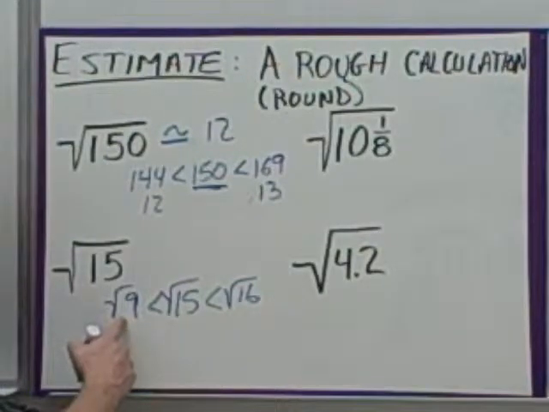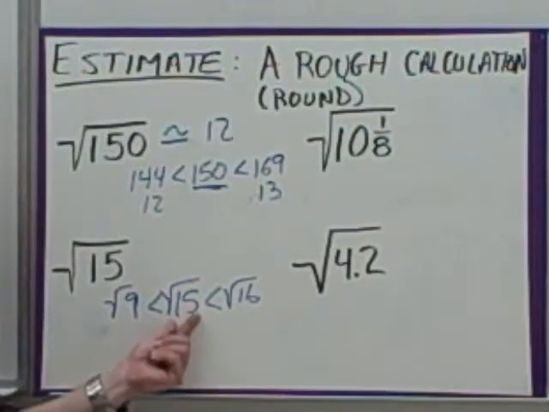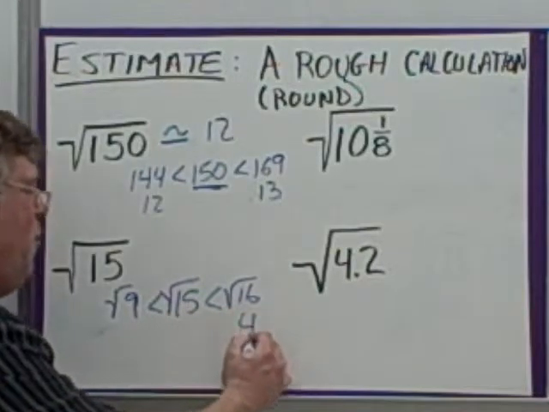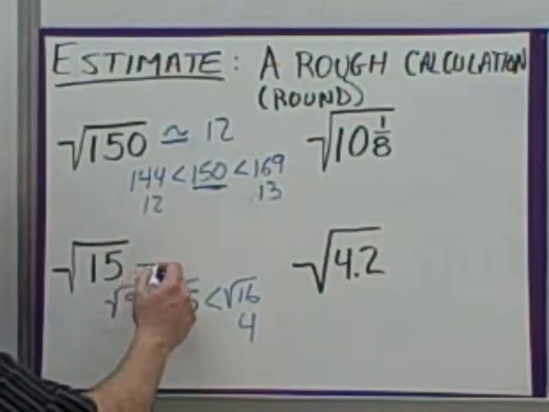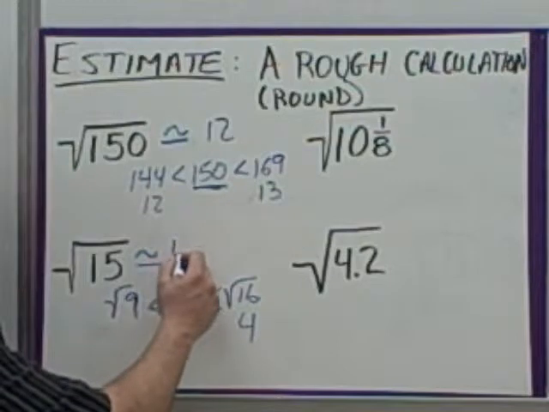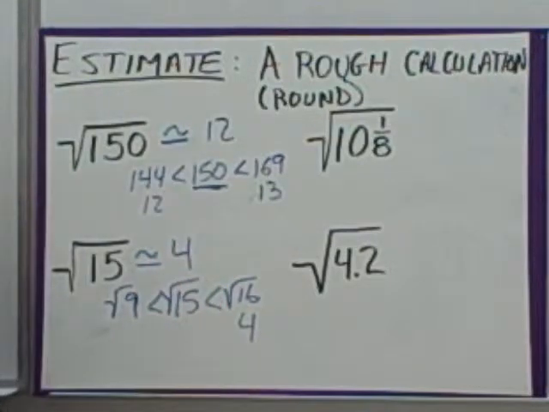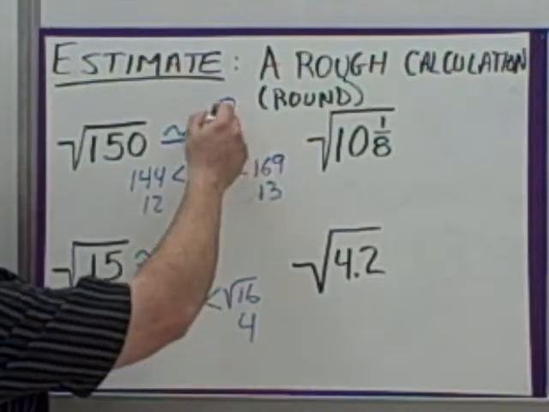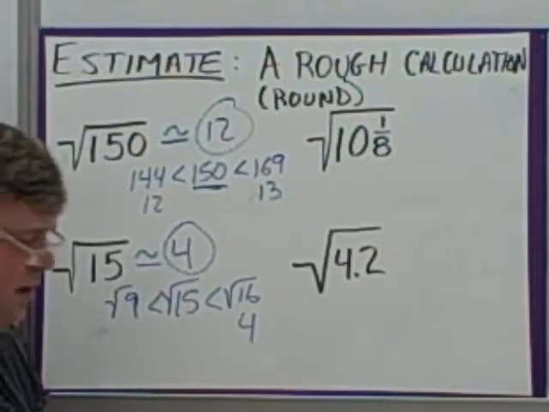Is it closer to 9 or is it closer to 16? It's only 1 away from 16, and the square root of 16 is 4. So the square root of 15 must be approximately equal to 4.